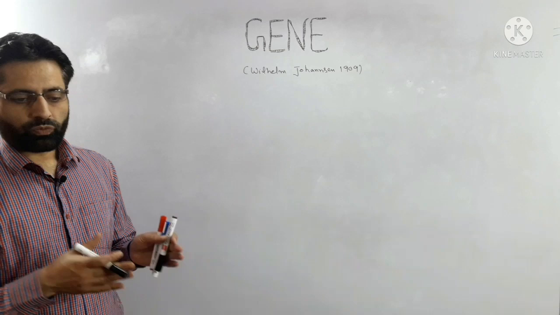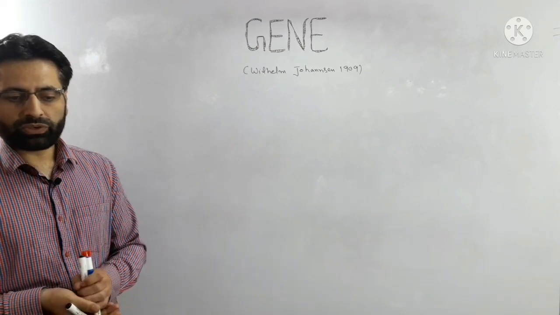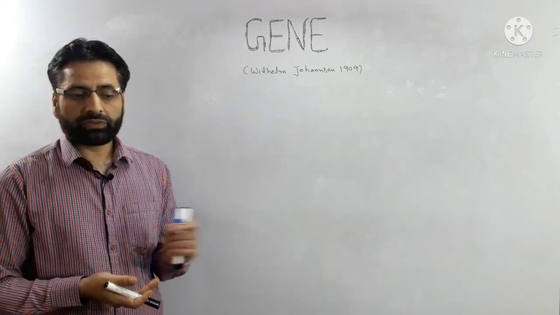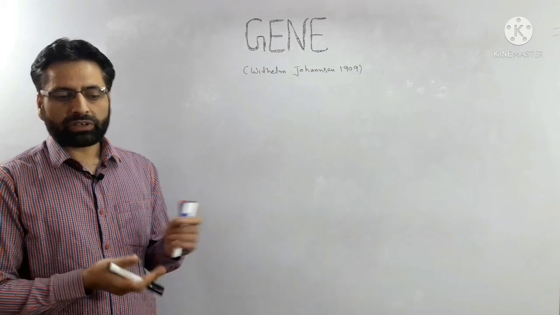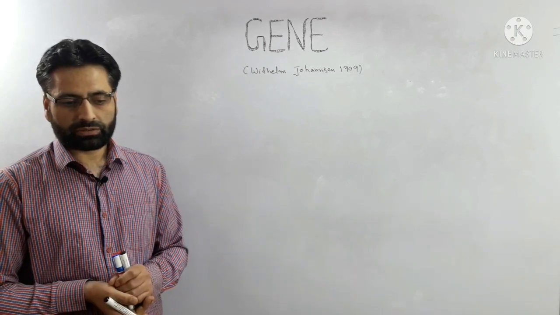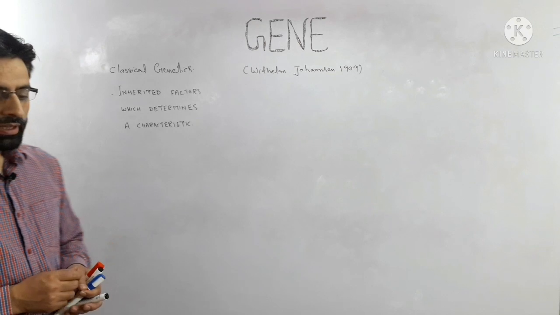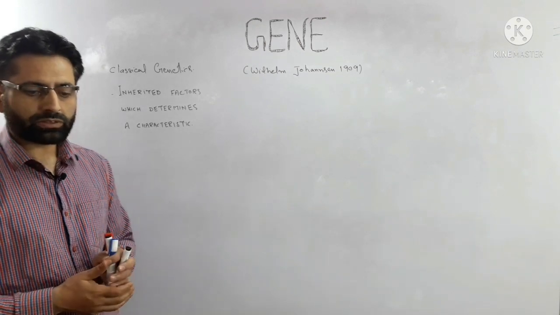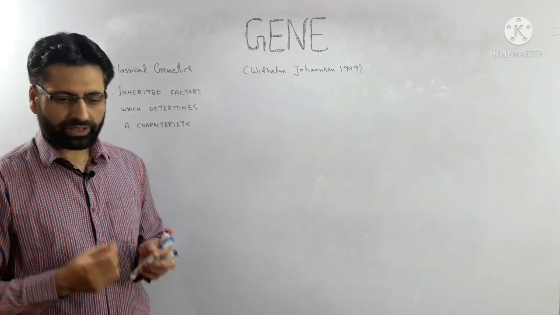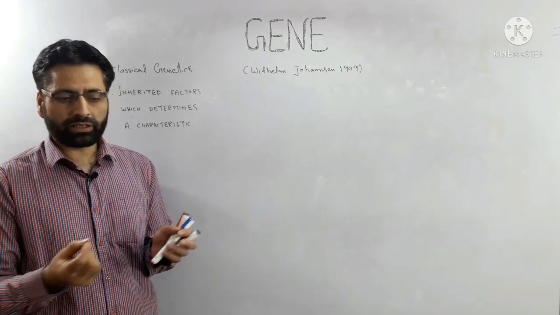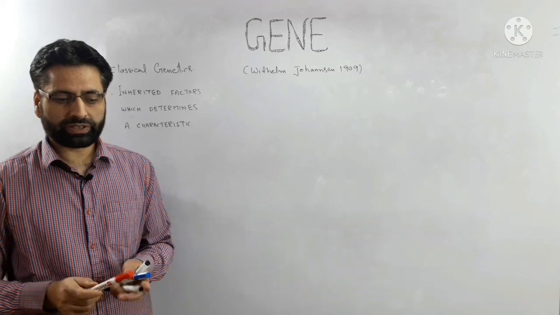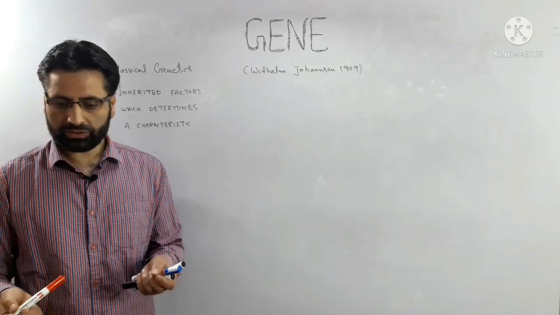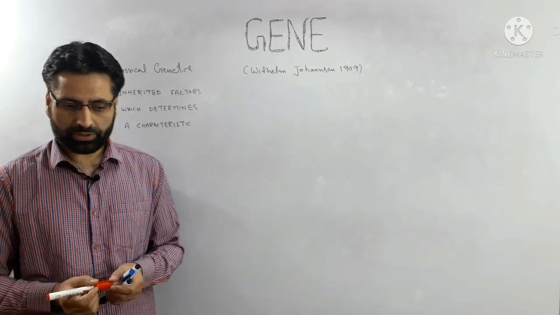So, what is a gene? How can you define it? We define this gene as per our requirement. For example, in classical genetics, the focus of our study is on the characteristic, when the characteristic finally appears in an individual, when it is expressed in an individual in a stable form.